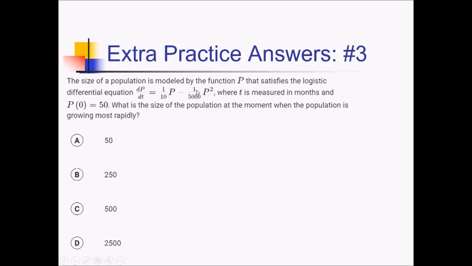If I factor out 1 over 5,000 P, dividing by 1 over 5,000 really means multiplying by 5,000. So 5,000 times 1/10 is going to be 500. So that's a 500 minus the P that we have inside there. And we see based off of this that our carrying capacity is going to be this 500.